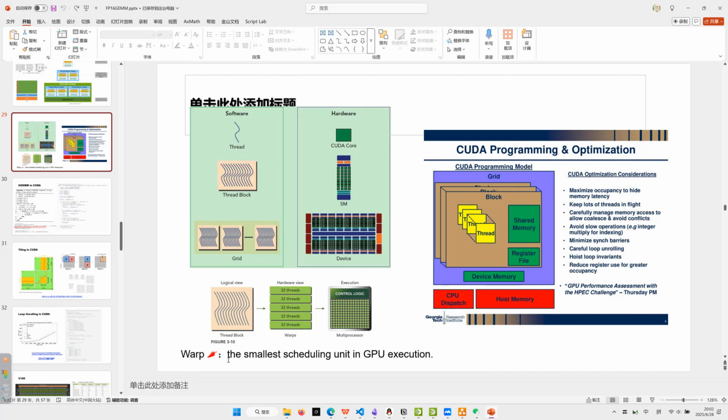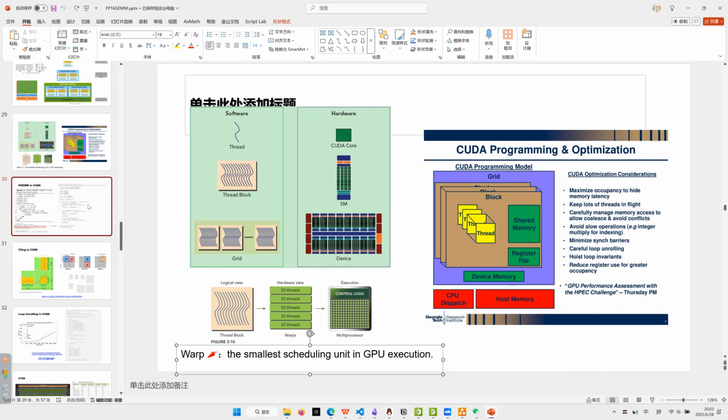There is a harder point: inside each thread block, the GPU manages all the threads using a warp. This may be some of the hardware issues, and that will be deeper. If you are interested, you can explore more inside it.